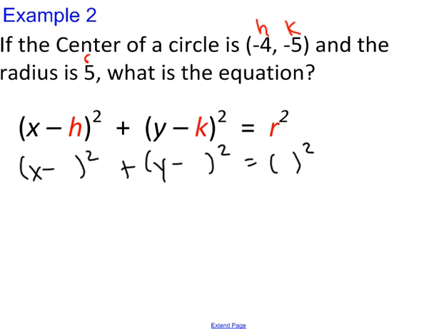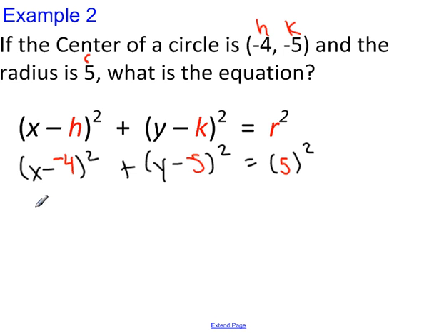So when I substitute, I'm going to have x minus -4 squared plus y minus -5 squared equals 5 squared. So we're going to simplify the signs and the radius.